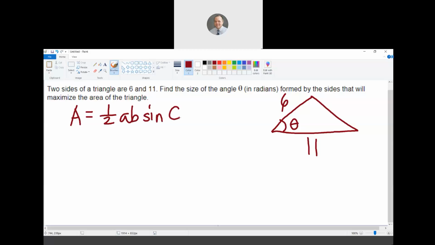And I forgot, let me label our triangle here. Oops, sorry about that.